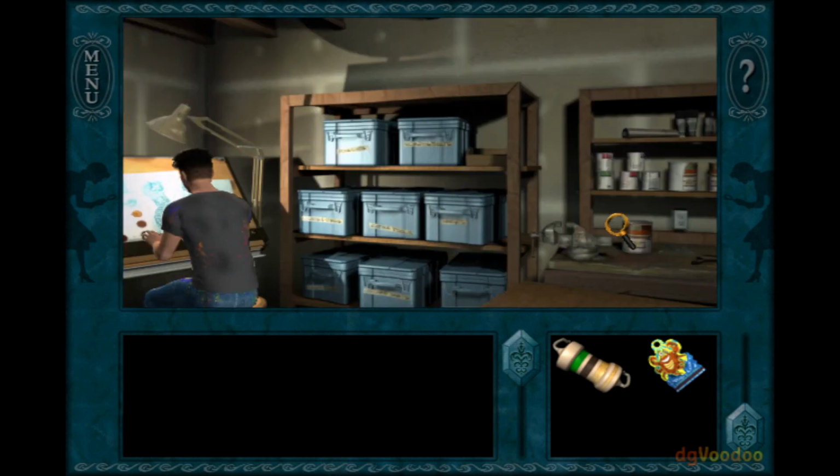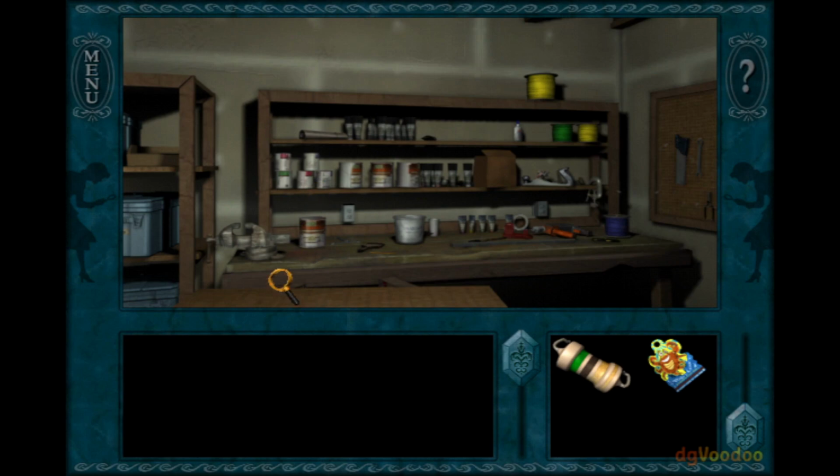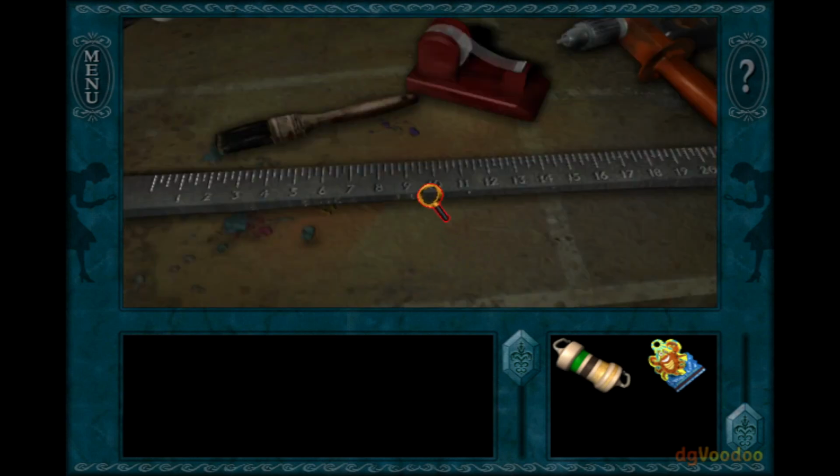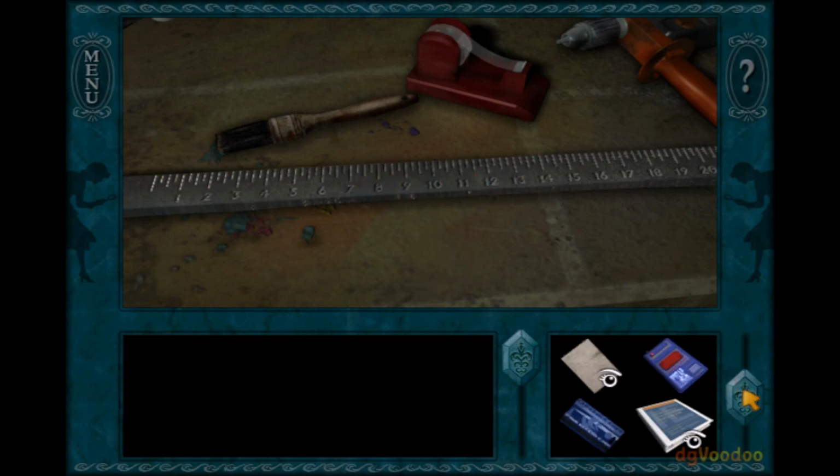I can use this to measure. I guess it's not the kind of measuring thingy that you take with you.